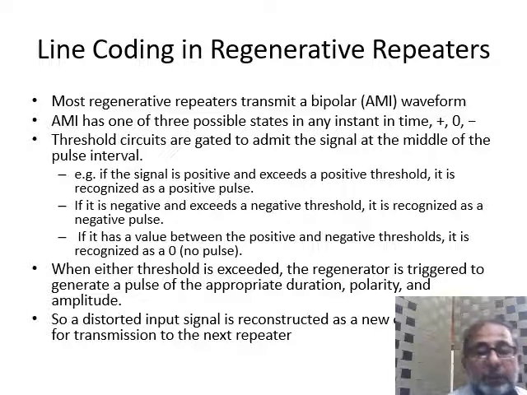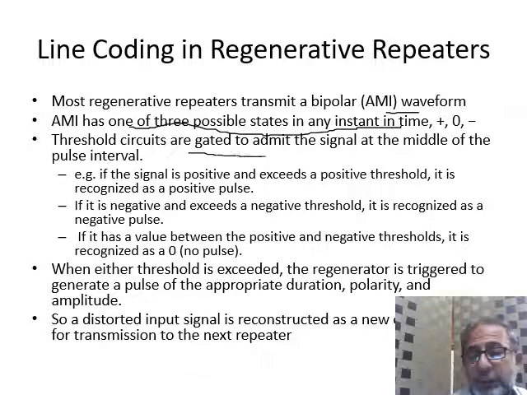Now, what line coding is done in a regenerative repeater? Most regenerative repeaters transmit a bipolar alternate mark inversion waveform. AMI has one of three possible states at any instant in time: plus, 0, or minus. Threshold circuits are gated to admit the signal at the middle of the pulse interval.